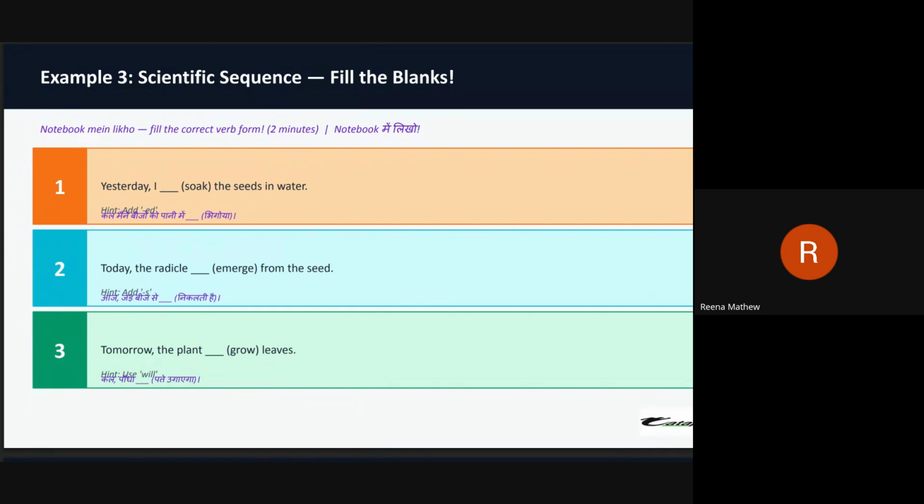Soaked. Very good. Why is it soaked? Because when you read yesterday, you understood that it is in the past. It is talking about the past, so you use ed with the verb. Very good. We'll move to the next question.